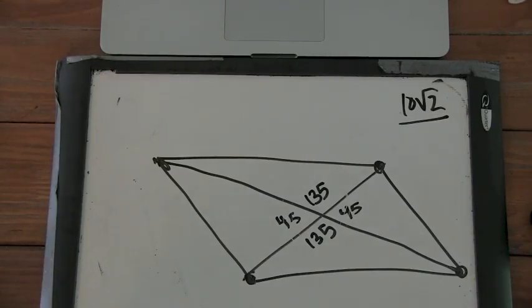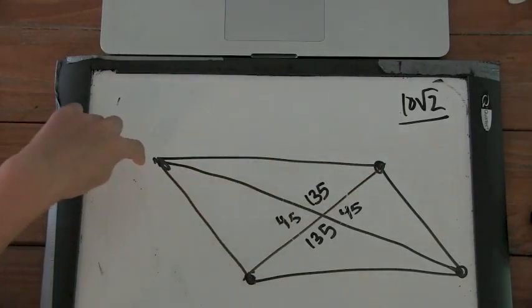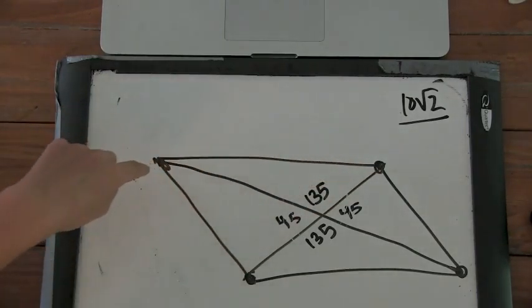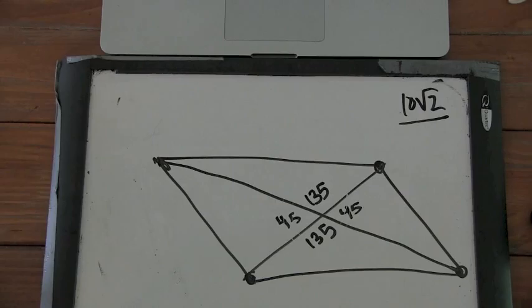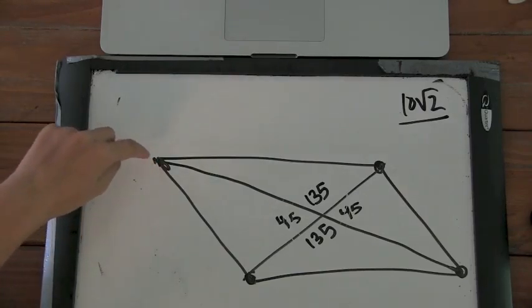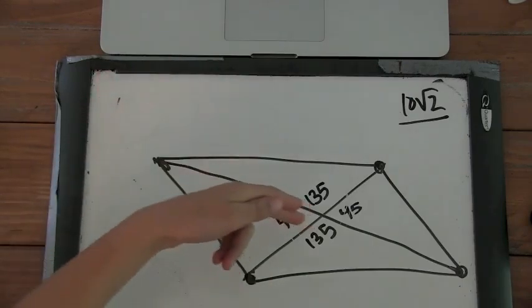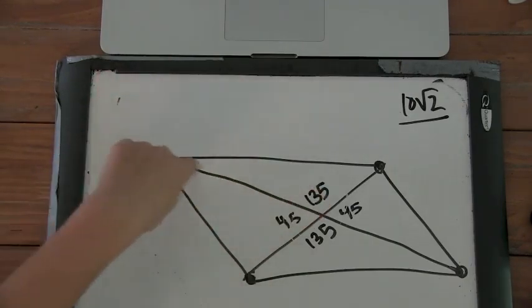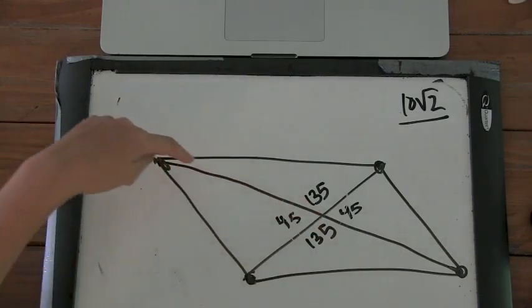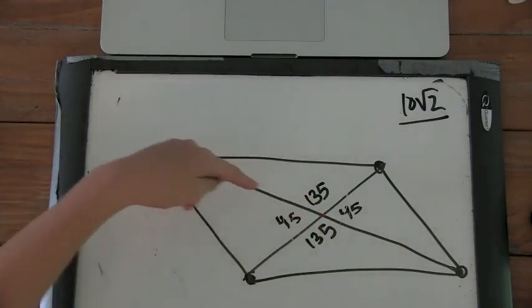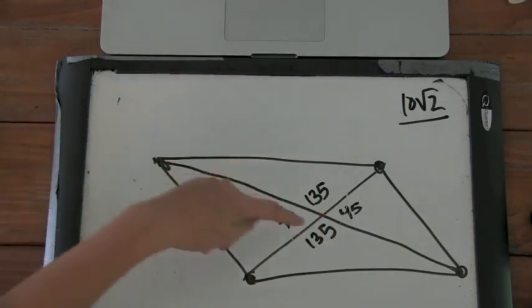Well, if we could find the height of this triangle, because we already know the base, that would be helpful. The height would go down somewhere here, but we don't know. Well, we know that this is 4, and this is actually a median of the triangle.